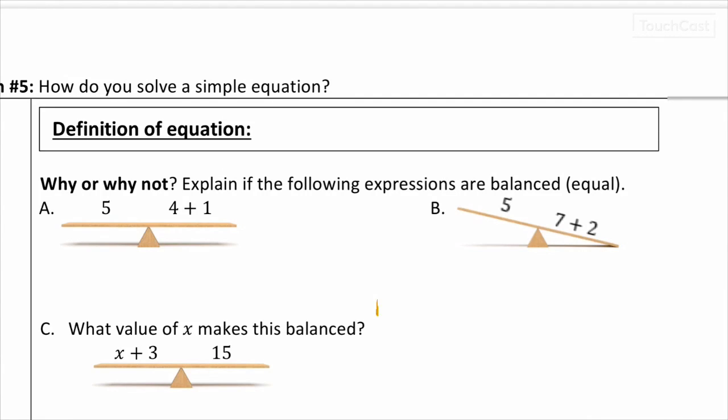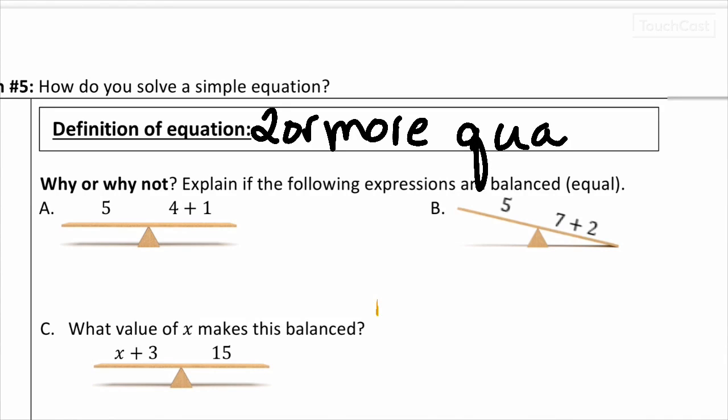All right, so these are notes 5. How do you solve a simple equation? So first, what is an equation? An equation is where two or more quantities are equal.